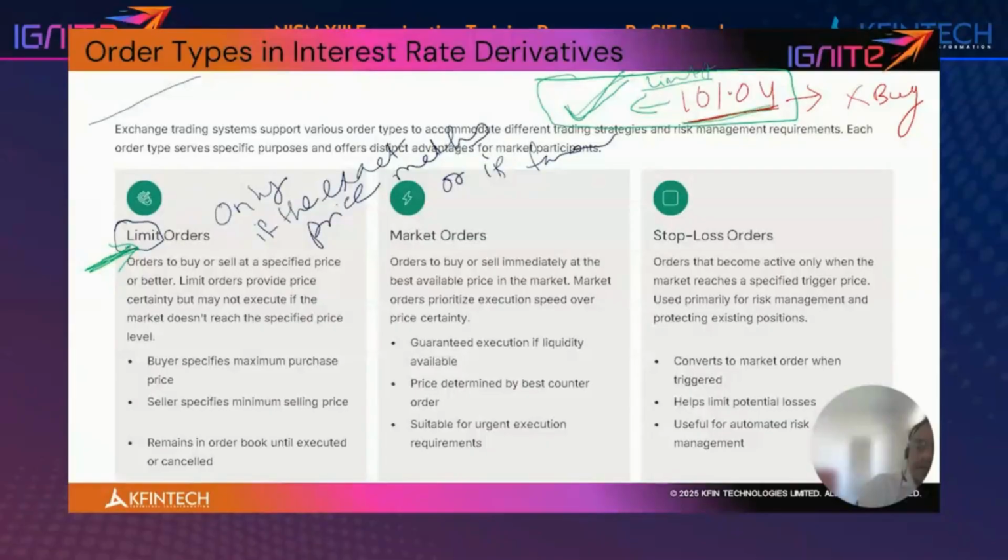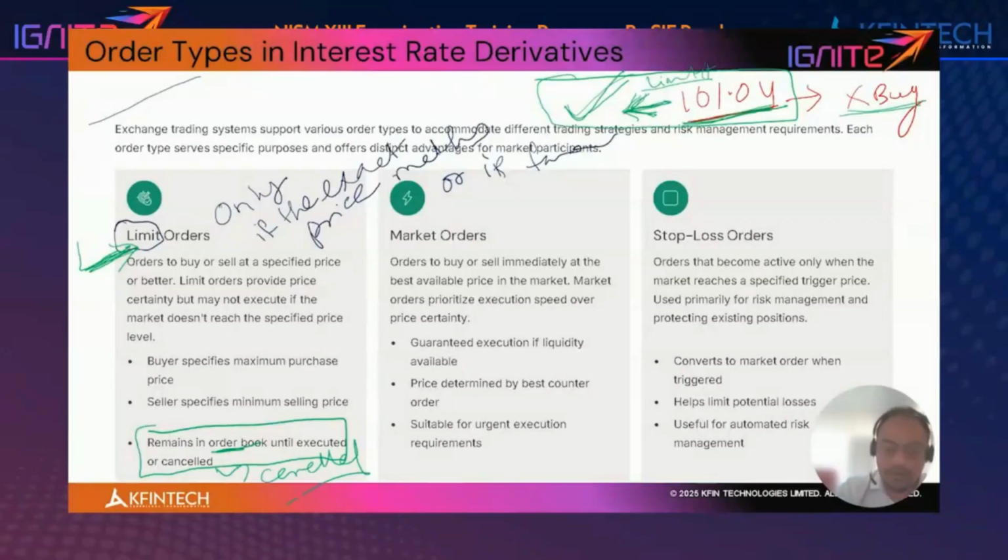So 101.04 or less than that is okay, and the order will get executed. If the price is more than 101.04, it will not get executed. Why? Because this has been punched as a limit order. Any unexecuted order remains in the order book until it is manually cancelled. So that's the limit order.